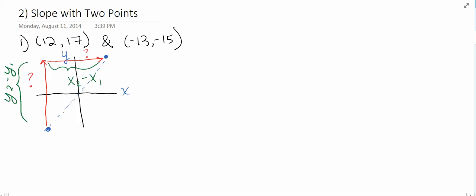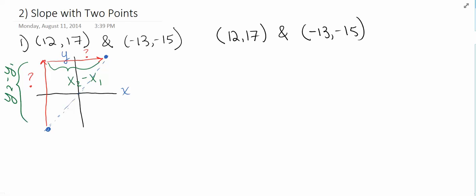You know that an ordered pair is always x, y. I'm going to rewrite this over here so there's a little bit more space. So (12, 17) and (-13, -15). Our first ordered pair is always x, y, so I'm going to label this x1, y1, and this will be x2, y2.